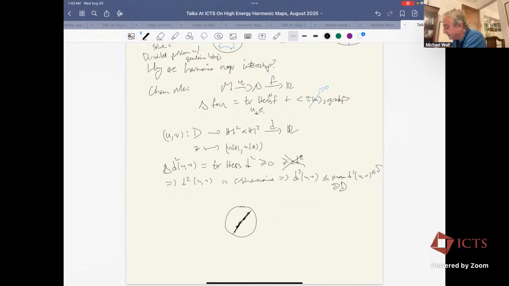If I just slide each of them in the direction of the geodesic between them, then the Hessian with those two vectors is 0.